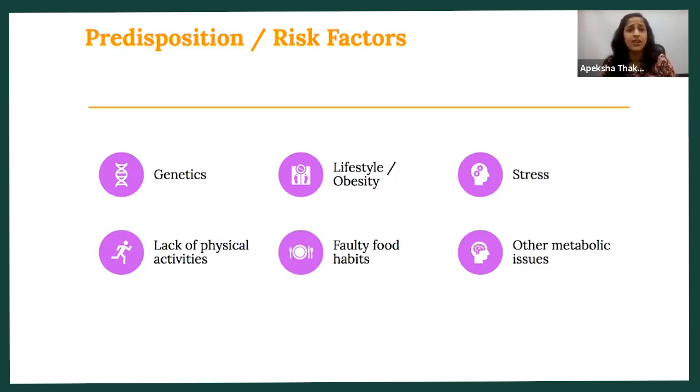So genetics plays a very important role, and as I mentioned earlier, it's a non-modifiable factor. You cannot modify your genetics by any chance. So you would always be at risk if your parents or your grandparents have it.